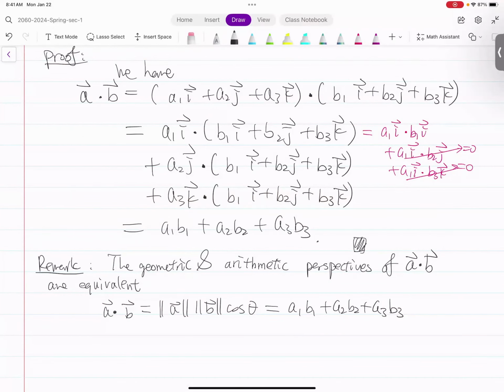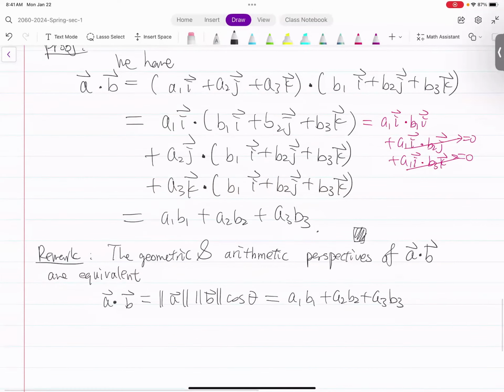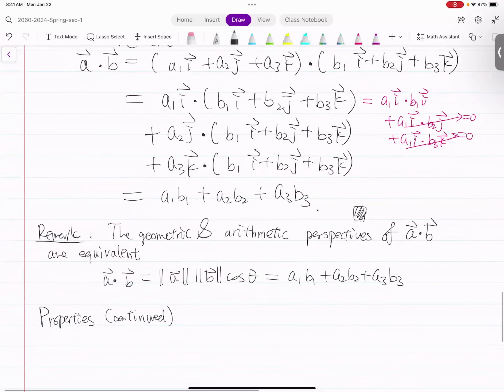Right, now, next properties. Well, we do have a few properties, continued. So we have 1 through 4. Now this is property 5. If you have c, a scalar, multiplying A, and then you dot with B, the scalar multiplier you can just take out. You can do the dot product first and then multiply by that scalar.